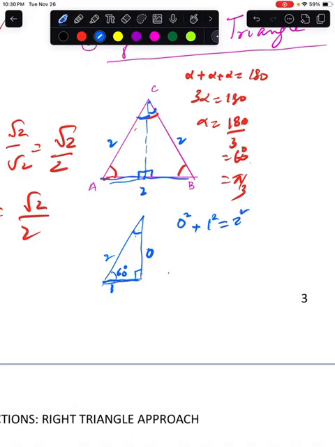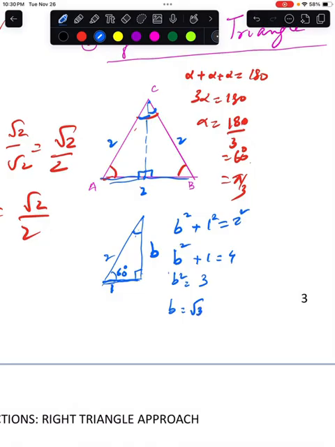So O squared, I think it's confusing, someone might think it's a 0, so let's give it another name. I'm going to call it B. So B squared plus 1 is equal to 4, so B squared is equal to 3, so B will be square root of 3.